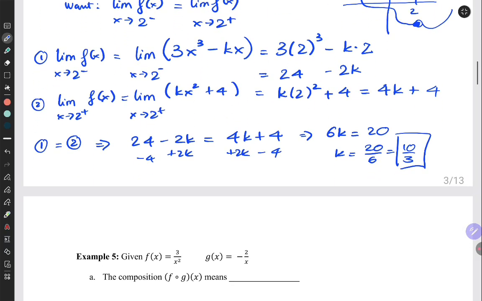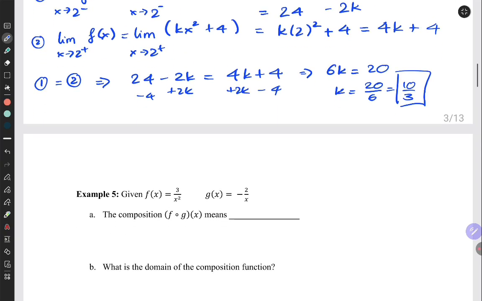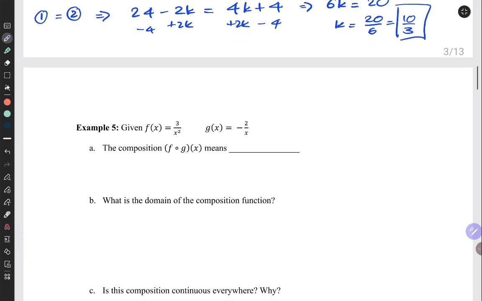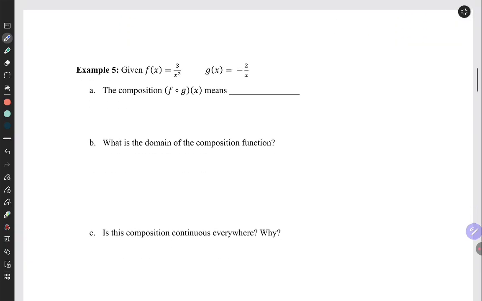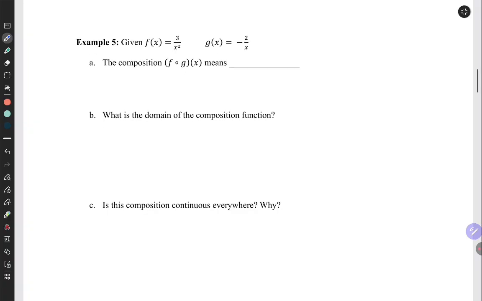Okay. Next thing we learn: composite function. Composite function is basically a function inside a function.